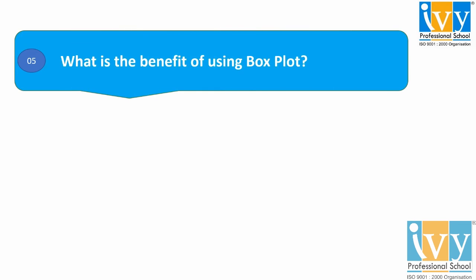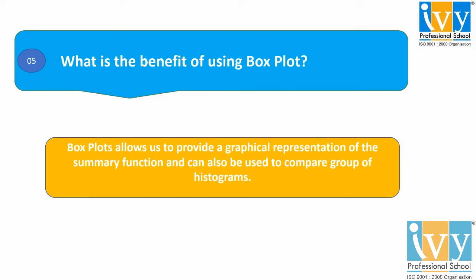Moving to the last and fifth question. What is the benefit of using a box plot? A box plot mainly allows us to provide a graphical representation of the summary function, and it can also be used to compare a group of histograms. We can also get to know more advantages of a box plot.